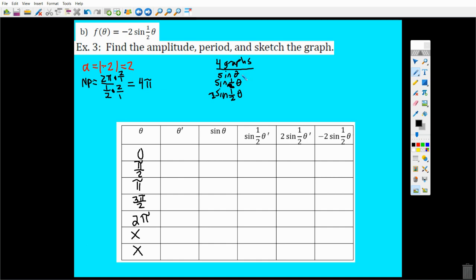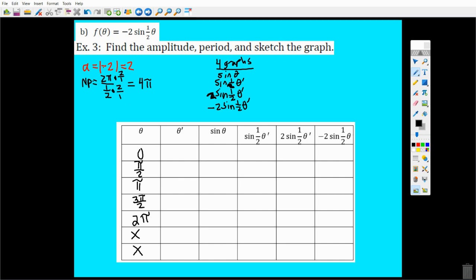For the last one, I'm going to put just prime here because we're going to use these numbers to insert into these. And then for our fourth one, we're going to have -2 sine of 1/2 theta. And again, we insert from 0 to 4 pi. So those are our 4 graphs that we're going to take a look at.